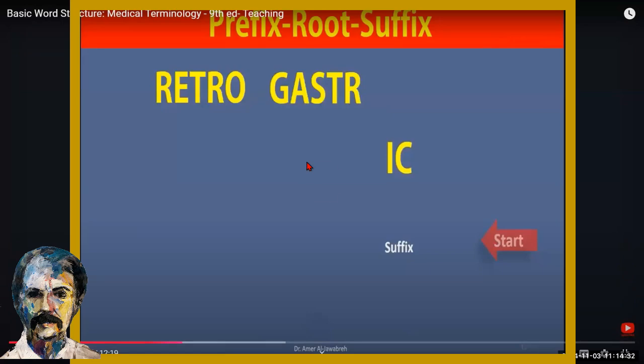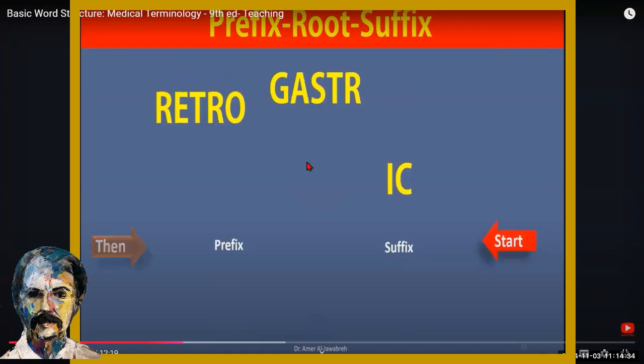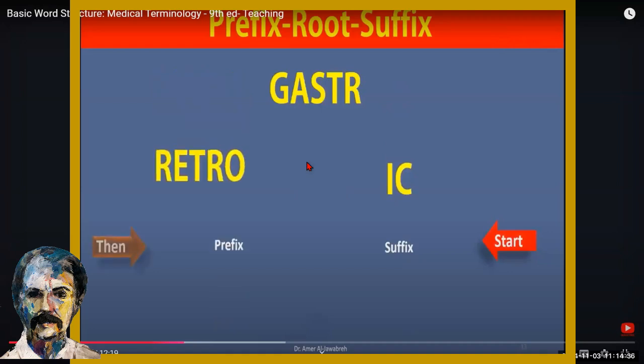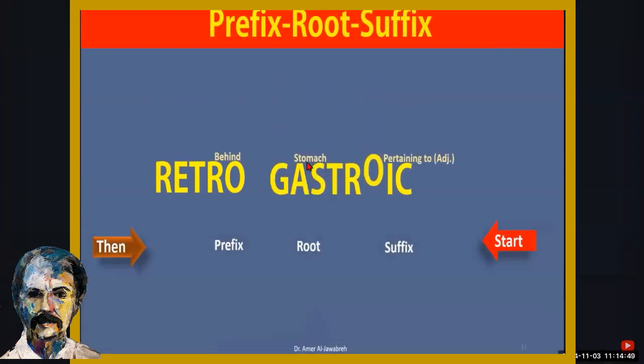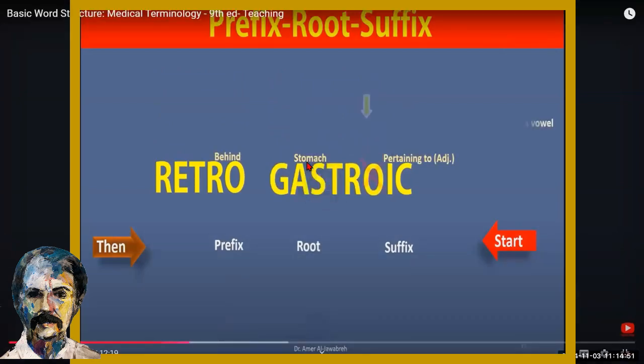So gastro, ic, which means pertaining to. Retro means back, behind and back, yes, exactly. And then gastro means your stomach. And there is an O, which we don't need because the suffix starts with a vowel.